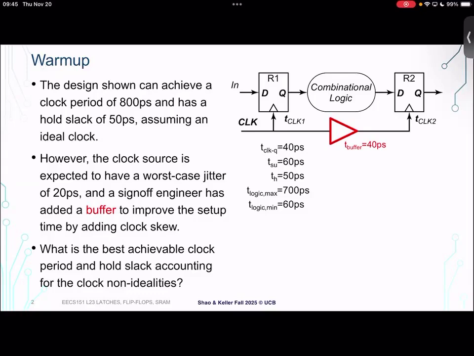At the end of last lecture, we talked about the fact that the clock, previously described as an ideal signal that magically arrives at every flop at the same time, has non-idealities, which we call skew and jitter. Skew is spatial variation: the clock arriving at different flops at different times in the same cycle.